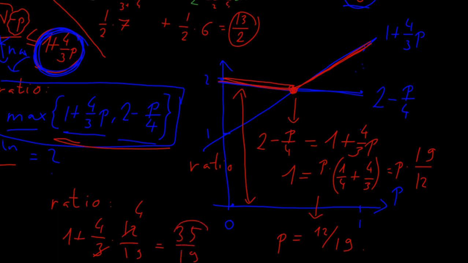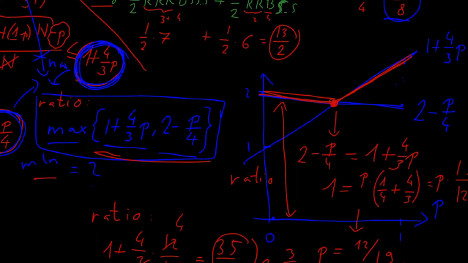So this is something a bit smaller than 2: it's 2 minus 3/19, if you prefer. So if b is large enough, this is definitely better than the optimal deterministic algorithm.